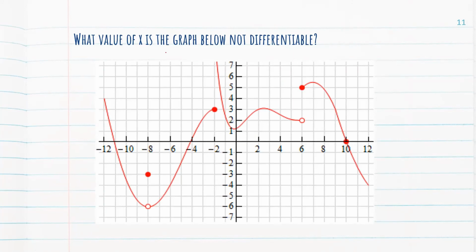Okay, here is the same instruction. Let's find the values of x at which the function is not differentiable. Here we have quite a few points of discontinuity. At x equals -8, we have encountered a removable discontinuity. So at x equals -8, the function is not differentiable.